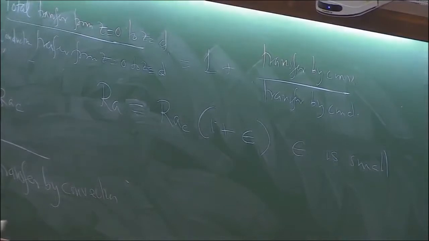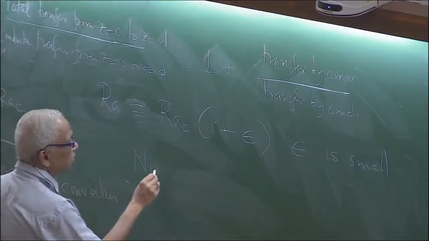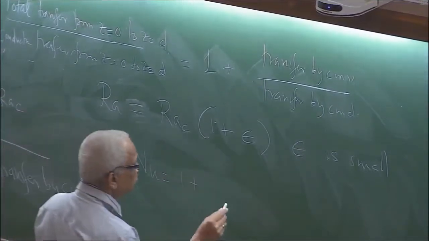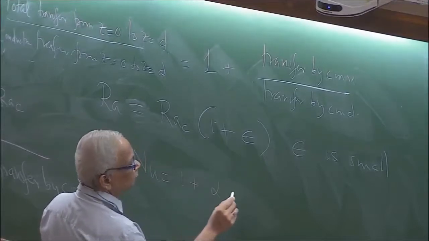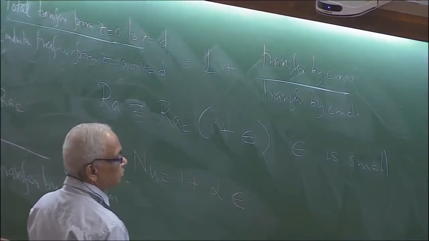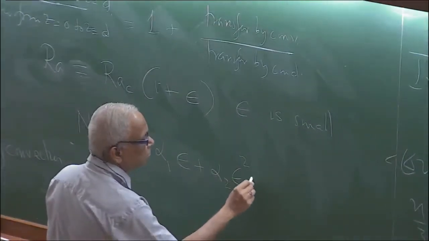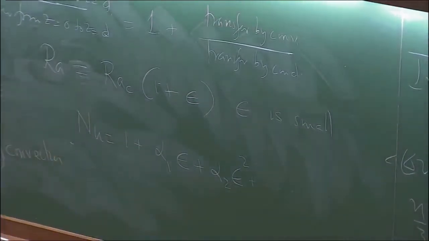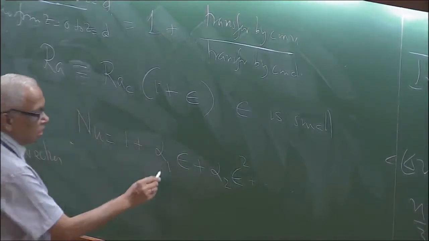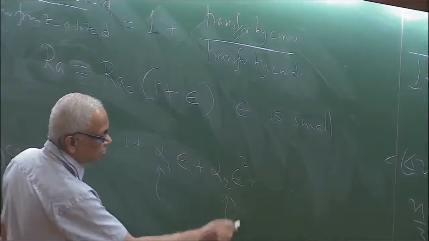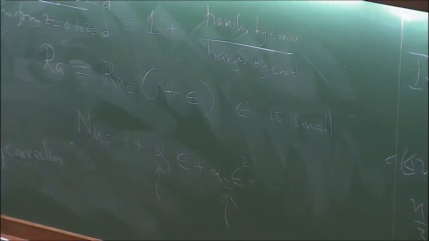And you can easily write the Nusselt number as 1 plus alpha 1 times epsilon, alpha 2 times epsilon squared, and so on and so forth.